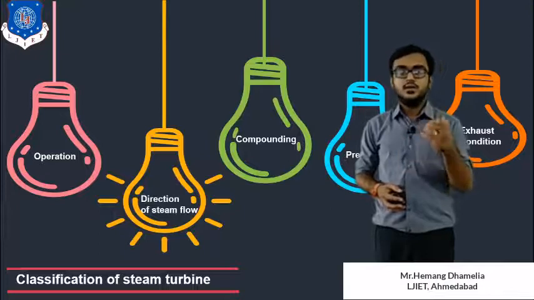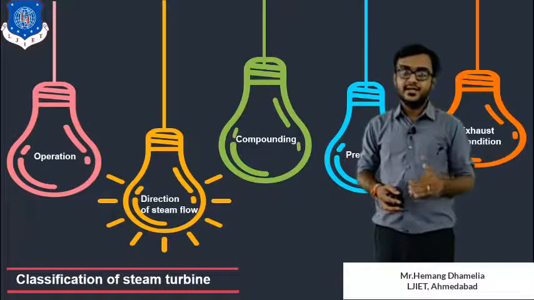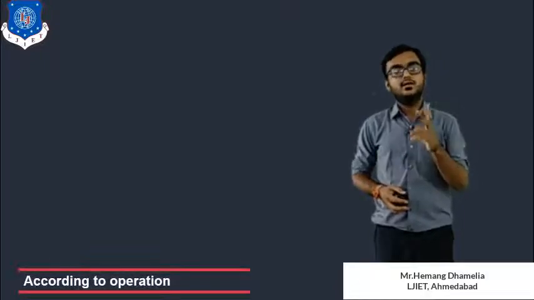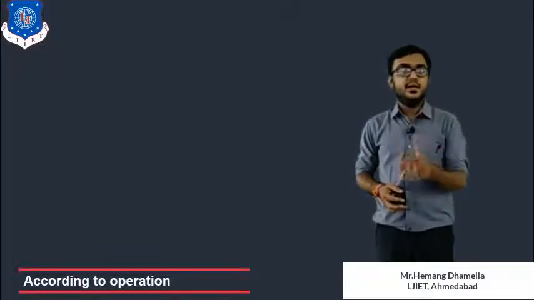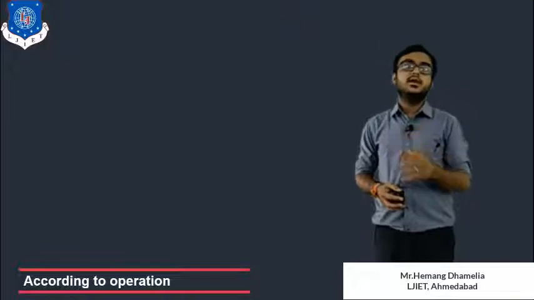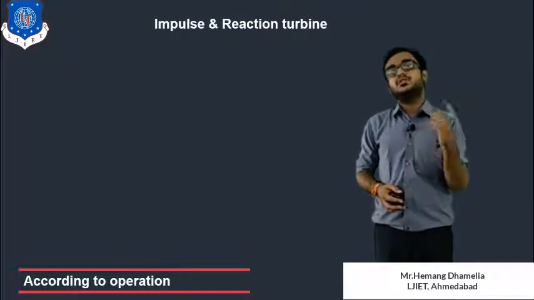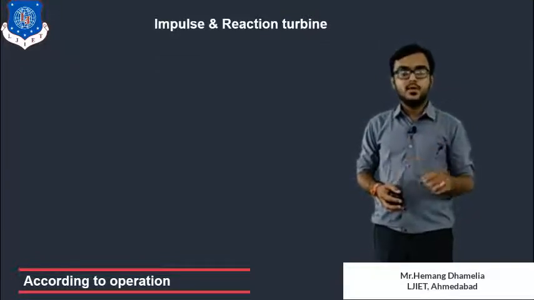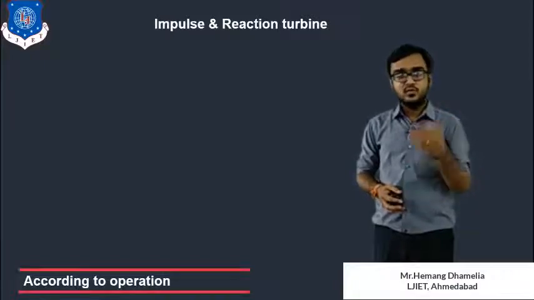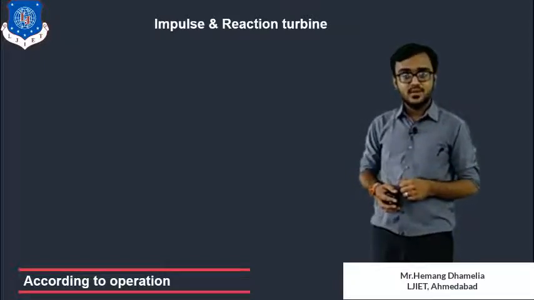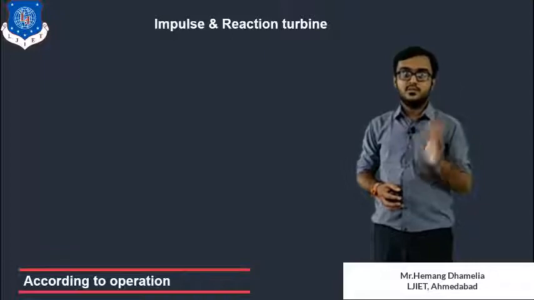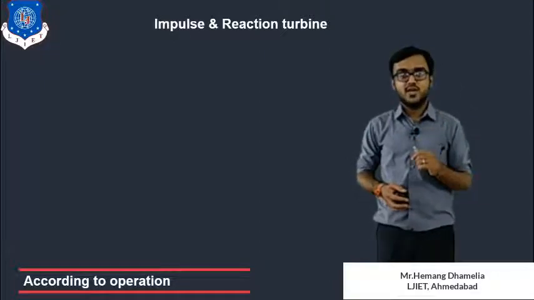Let's start with the first category, that is according to operation. According to operation, steam turbine is classified in two categories, namely impulse turbine and reaction turbine. What do you mean by impulse turbine and reaction turbine? I think you studied this in your previous semester in engineering thermodynamics.